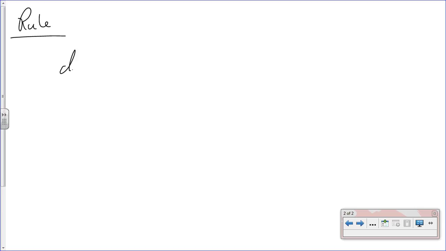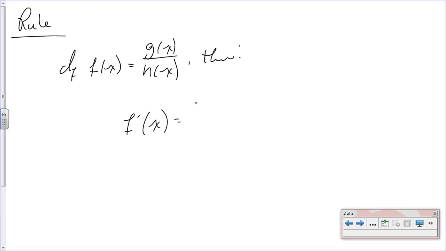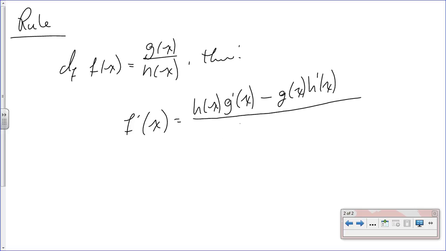It says if f of x equals g of x over h of x, then f prime of x equals h of x times the derivative of g of x, so g prime of x, minus g of x times h prime of x, divided by h of x squared. Okay, so that is your quotient rule.